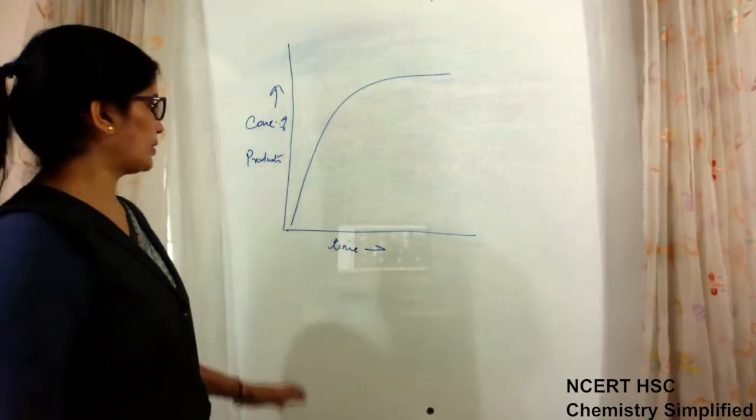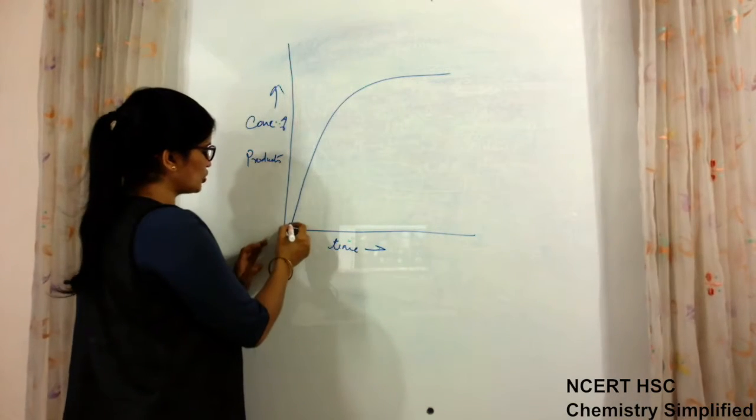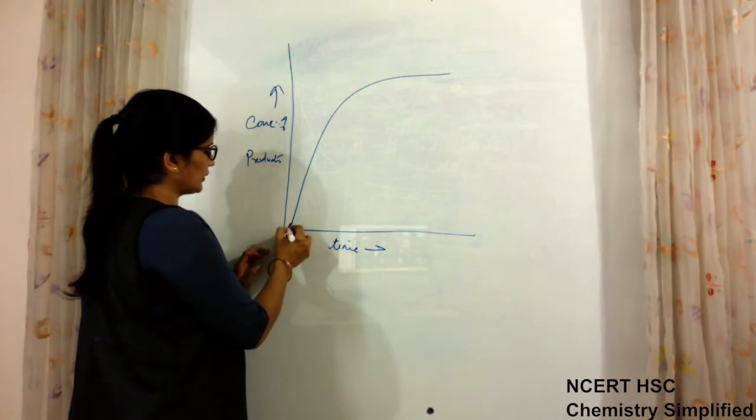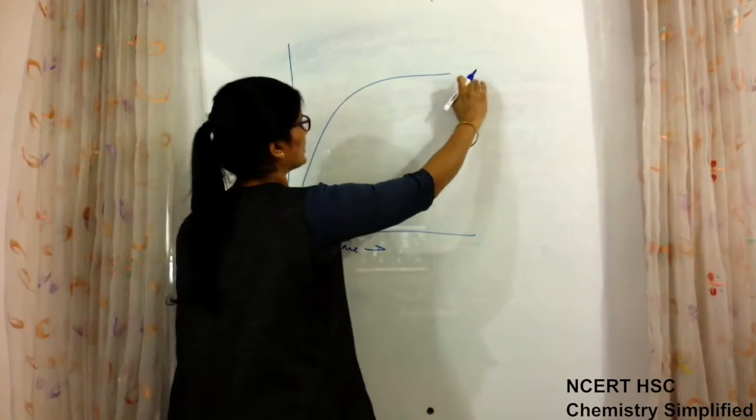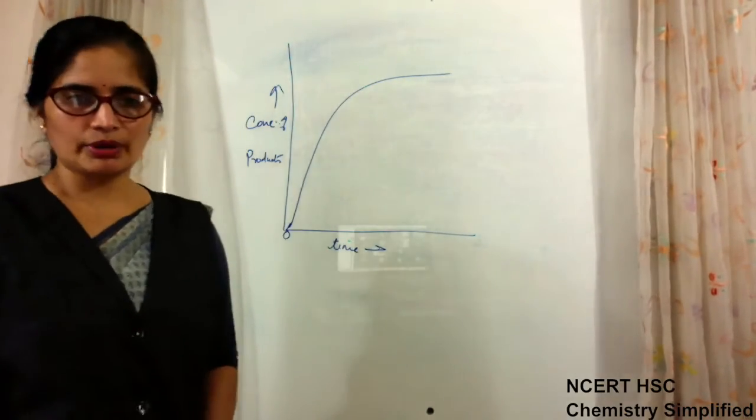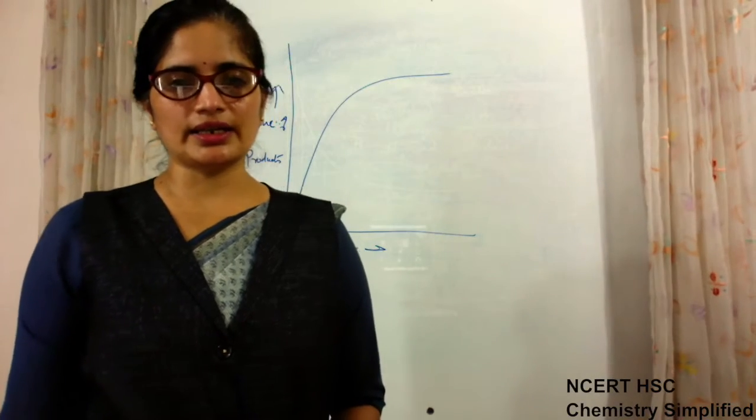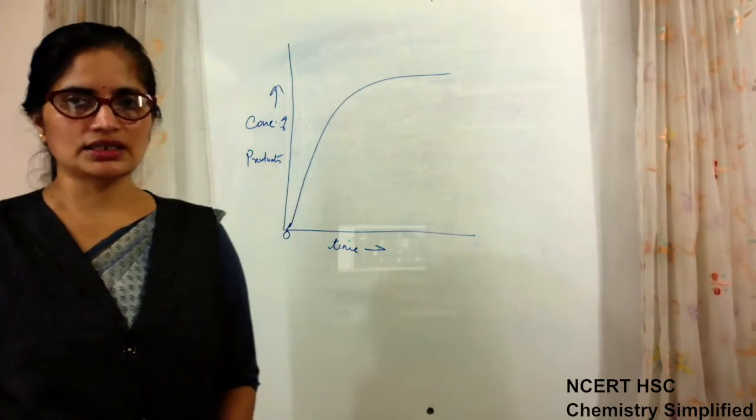This we have to remember, because initially the concentration of product is 0, and then gradually it increases and then attains a constant value, because we know that every reaction attains equilibrium after a certain time.